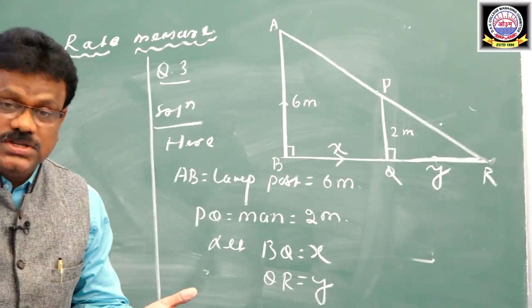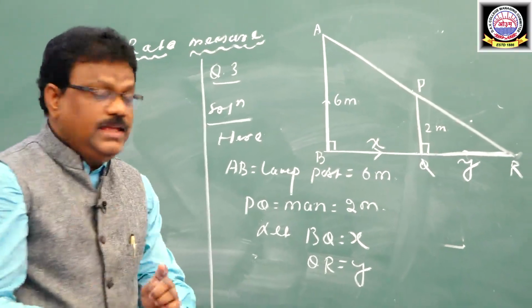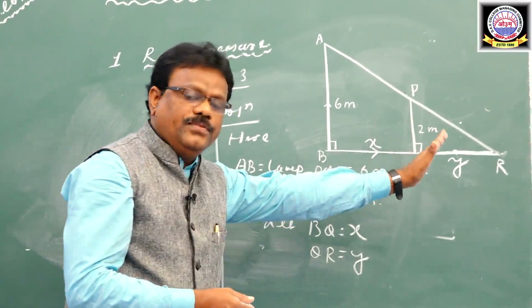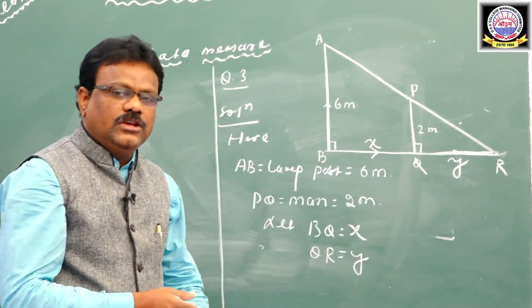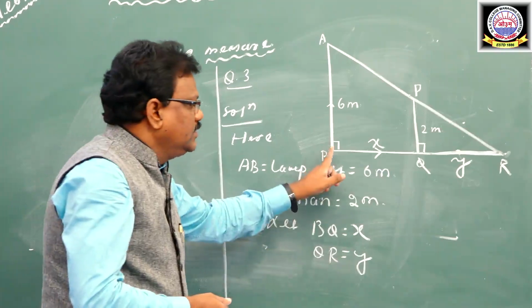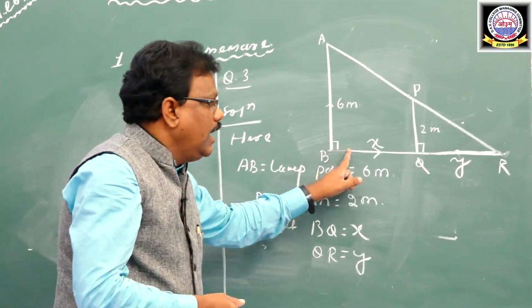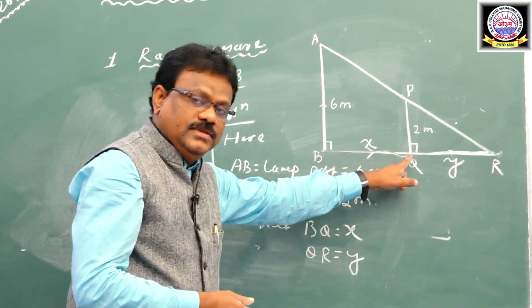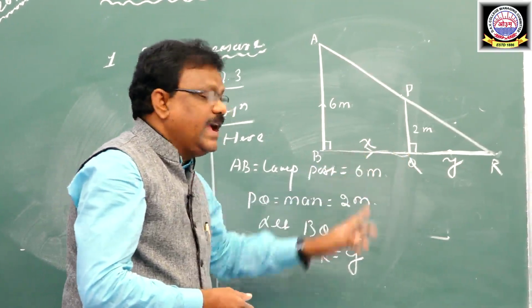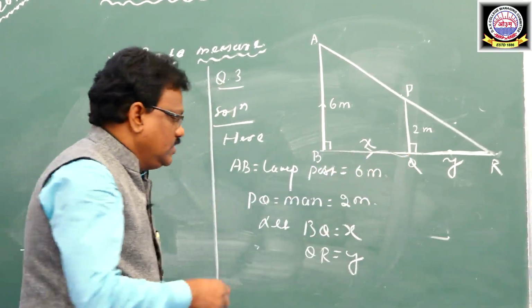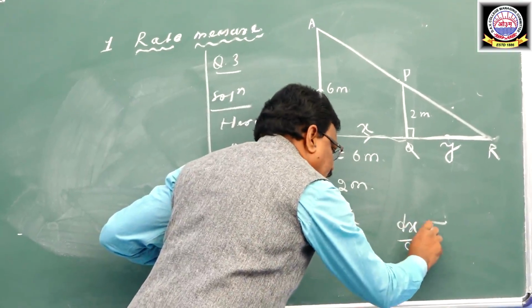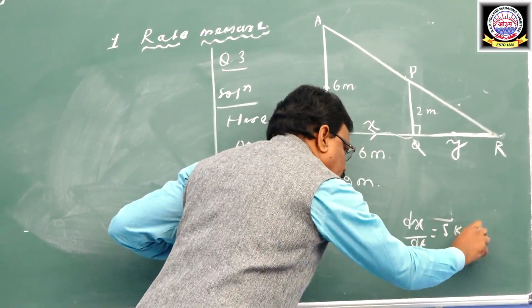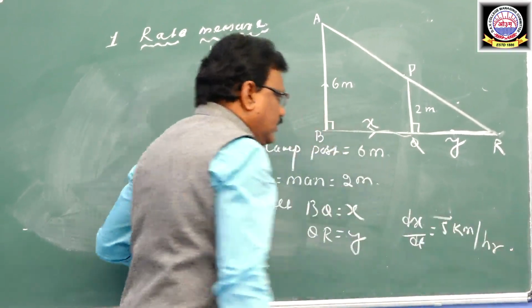Once again you read the question. The man is moving away from the lamp post at a speed of 5 km per hour. That means the man is starting from here and going there, so dx by dt is given to us: dx by dt is 5 km per hour.